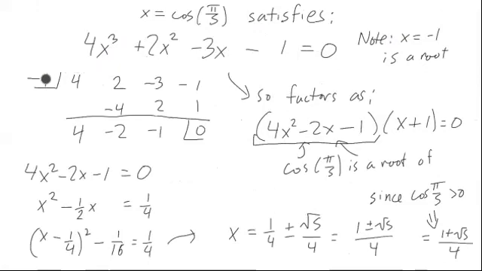If we do synthetic division, which is this polynomial division here, we find a quotient, which represents 4x squared minus 2x minus 1. So we get a factorization, x plus 1, since x equals -1 is a root, and that was from the divisor over here. So we just factored our polynomial using synthetic division. And we know that the only root of the linear factor is -1. The cosine of pi fifths is not -1, so it's a root of this factor over here.